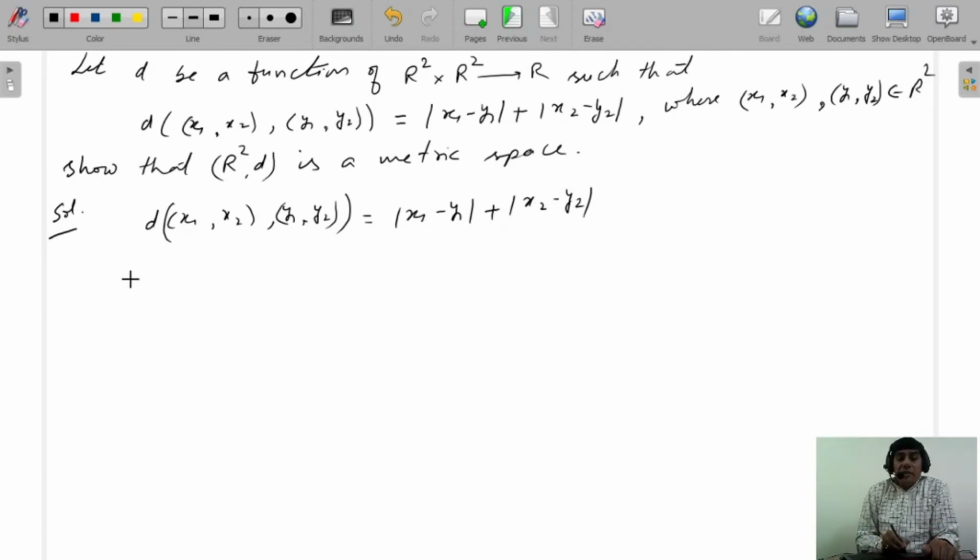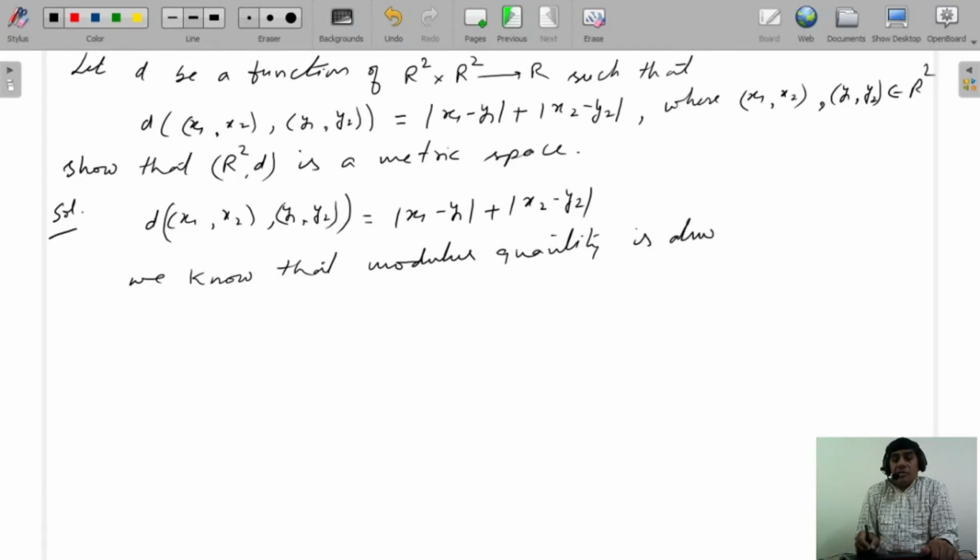We know that modulus quantity is always non-negative.